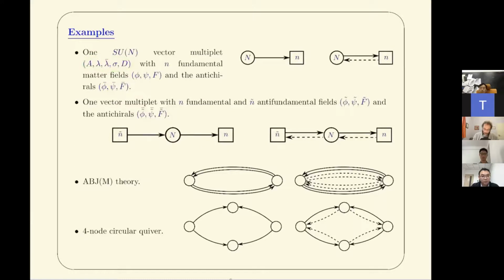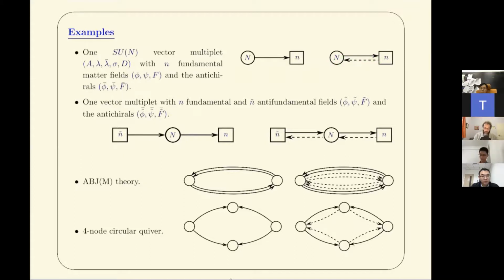And I have here n fundamental matter fields. So I have this n as a flavor, and I have here these chiral fields indicated by the solid arrow. And if I want to include also their anti-chiral fields explicitly, I draw them by this dashed line, as I said.